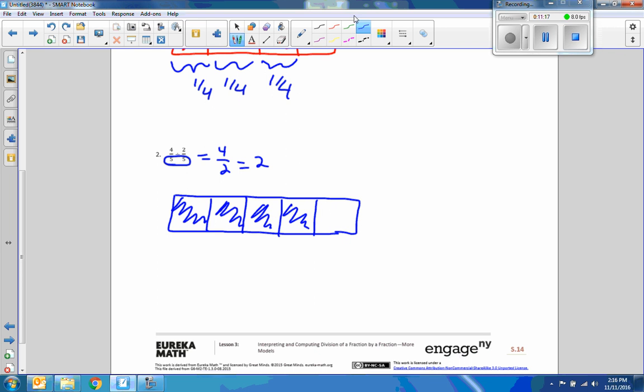There's our 4/5 shaded. And then it says divide by 2/5. So here is 1/5. Here is 2/5. So there's a 2/5. Here's a 2/5. So it's saying how many 2/5 are in 4/5, and there are 2 of them.